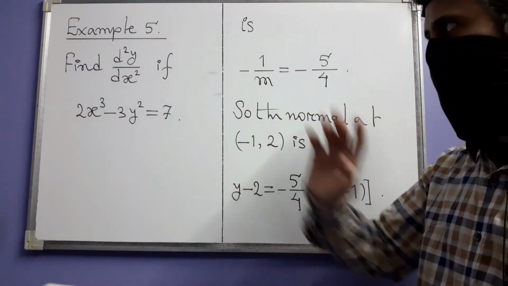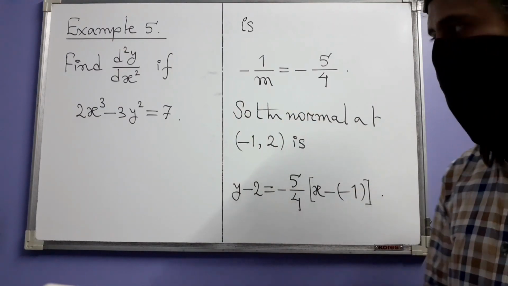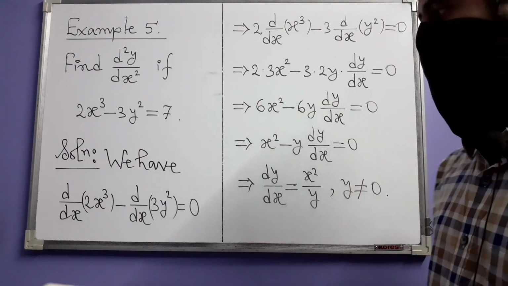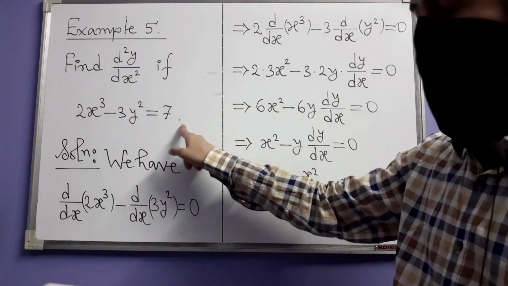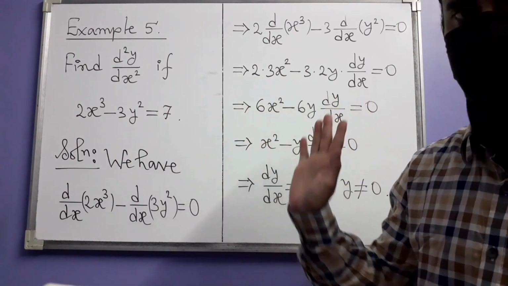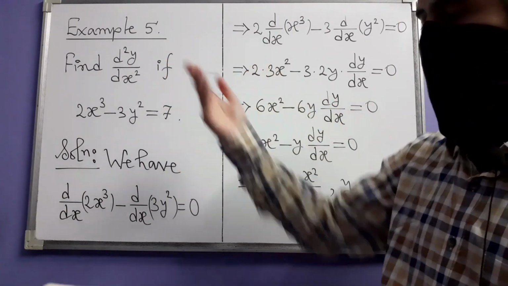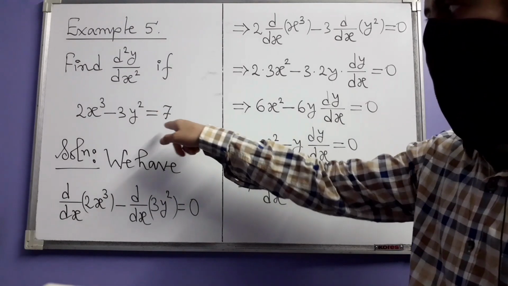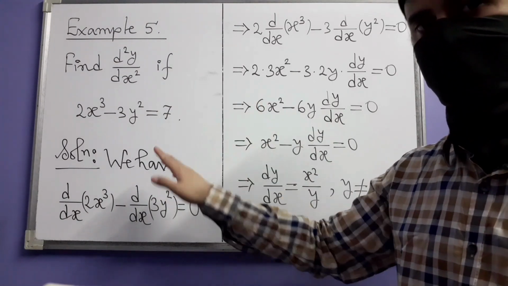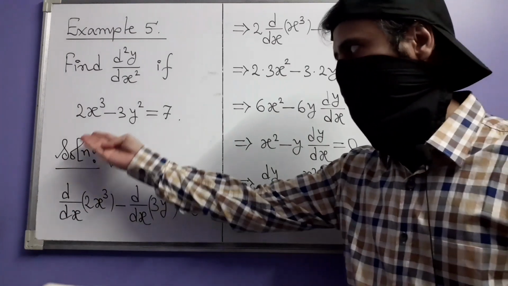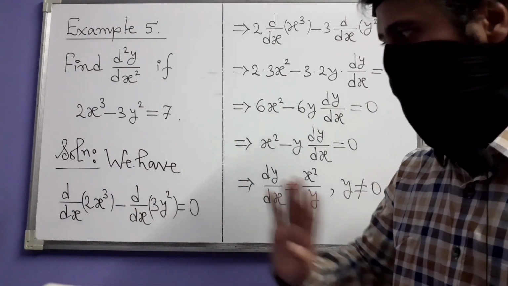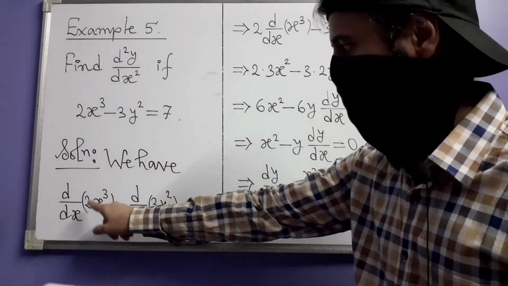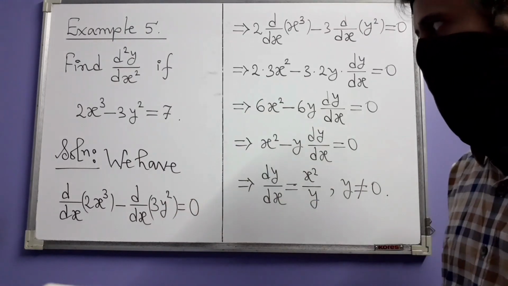Anyway, let's now go to the solution of this. So we start the solution by differentiating both sides with respect to x first once. Okay, we will go to the second derivative afterwards. Let's see first what we get by doing implicit differentiation just to the equation. So we first have to apply the difference rule, ddx of 2x cubed minus ddx of 3y squared.